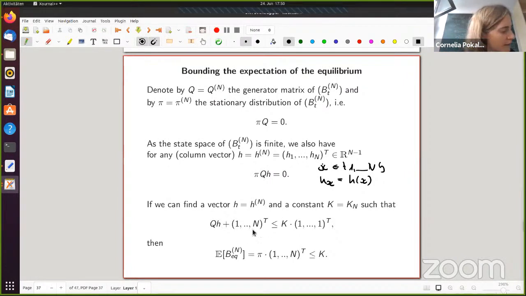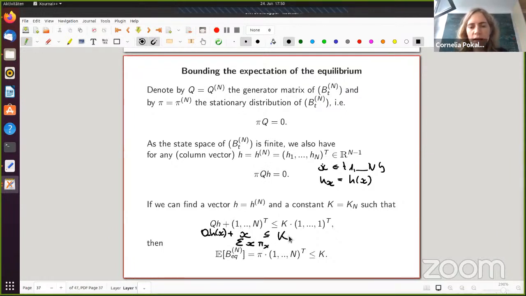That is, I start in some x, and then I move with Qh of x, and when I have moved, I'm still smaller than this value k. Then I can multiply by P from the left. Then this cancels by this condition here. And this is in fact the expectation, because I have here just the sum over x of P x.